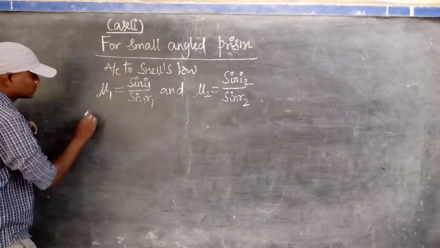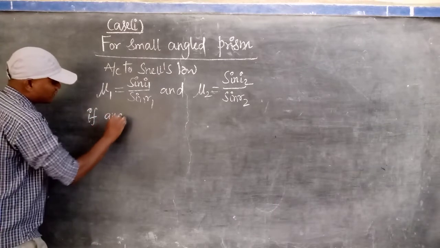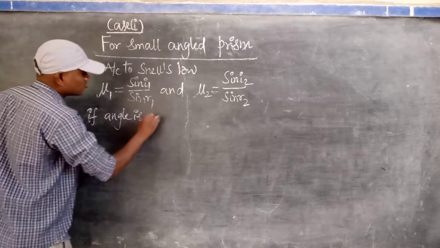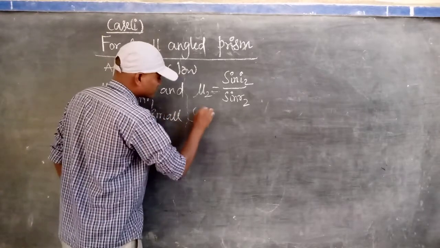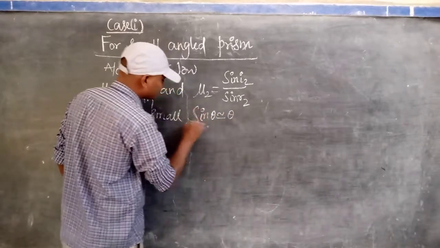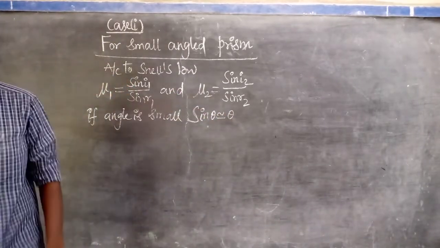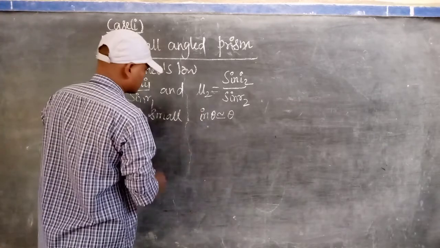So if the angle is small, sin theta is approximately equal to theta. This concept will be explained at the start of refraction of light at a curved surface.